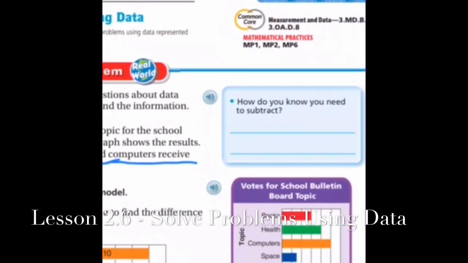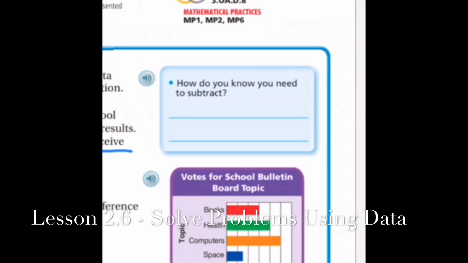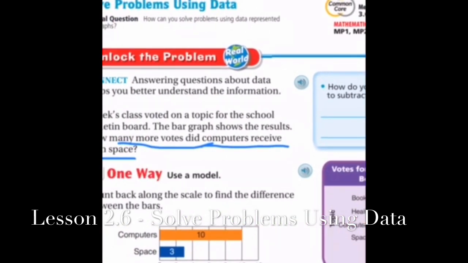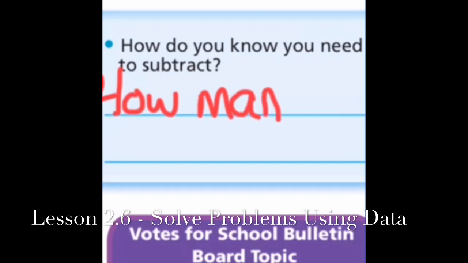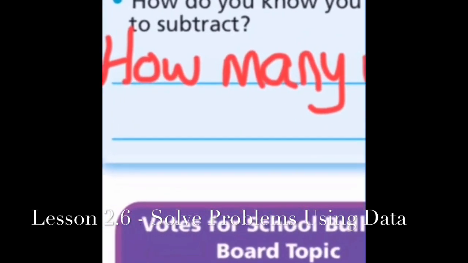Let's move over here to our blue rectangle. How do you know you need to subtract? I kind of underlined some of it. When we see how many more of something than something else, we're going to write that in this blue box here. Our keywords are how many more, and instead of writing something, I'm just going to write blank.